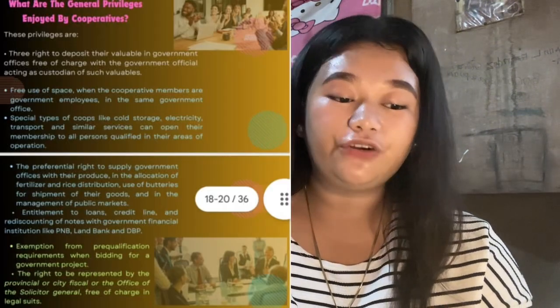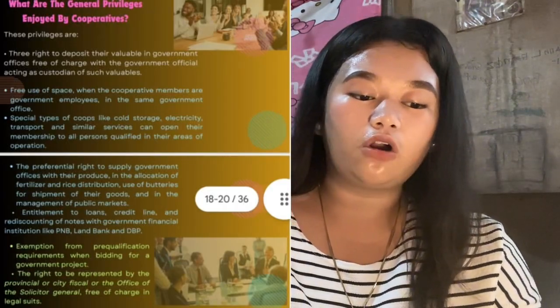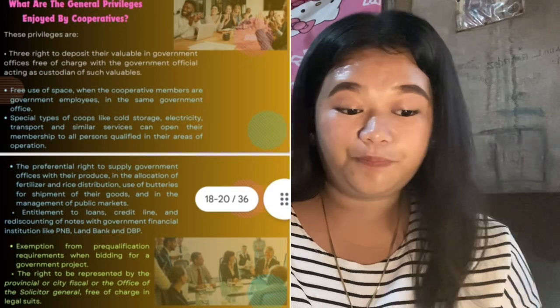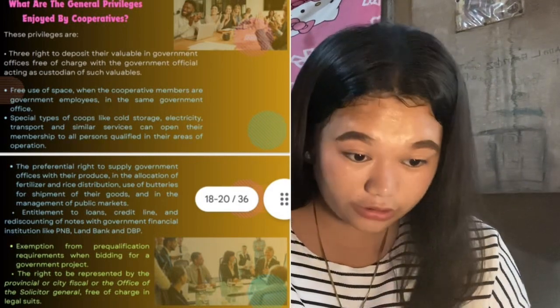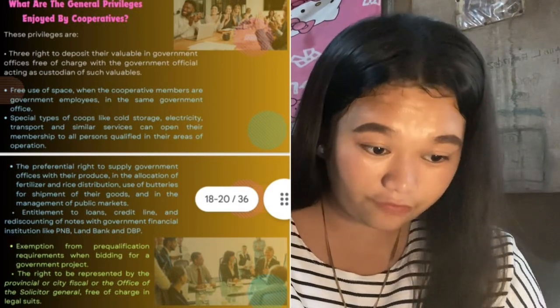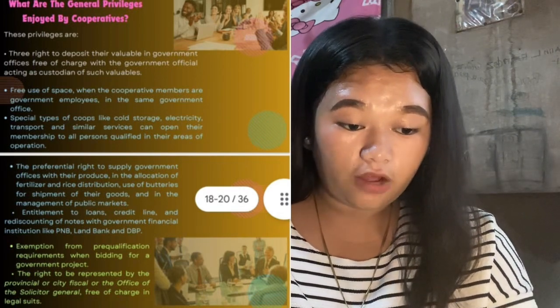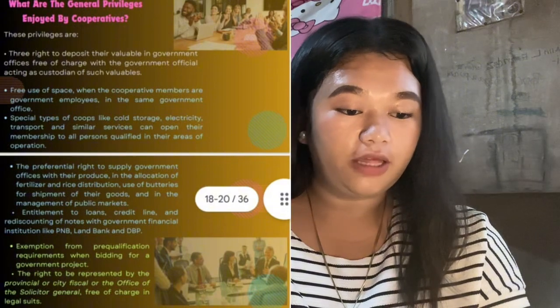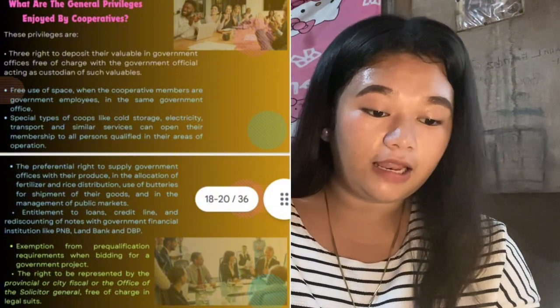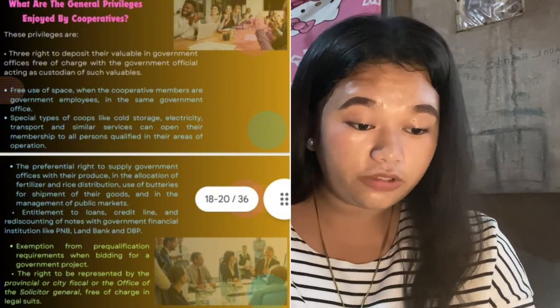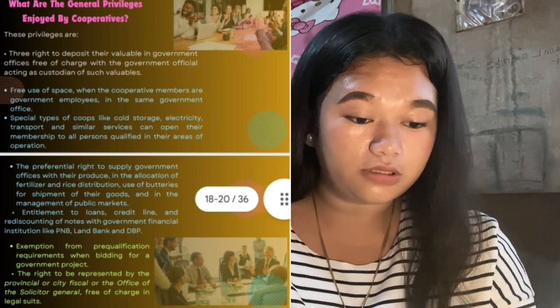And the next one is what are the general privileges enjoyed by cooperatives. These privileges are: the right to deposit their valuables in government offices free of charge, with the government official acting as custodian of such valuables.